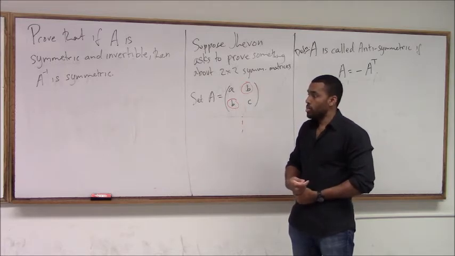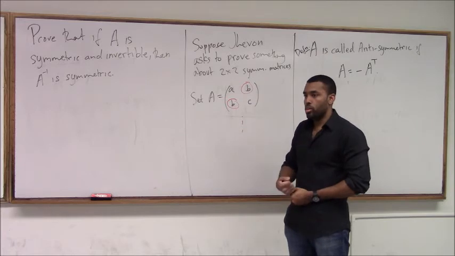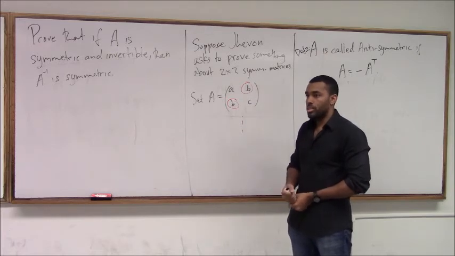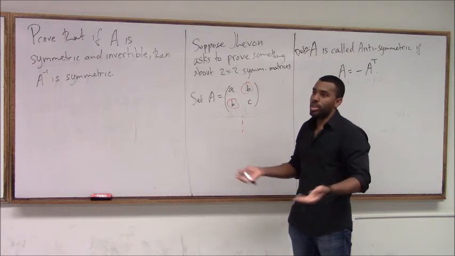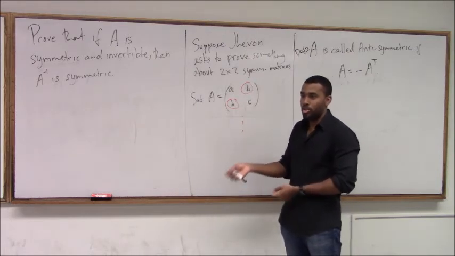So you'd end up having to prove that the adjoint is symmetric. How would you prove that? By induction. 3 by 3, yep, then you have to show that if it works for 3 by 3, it will work for larger.